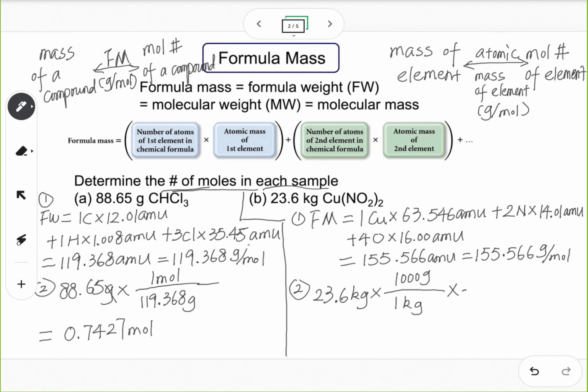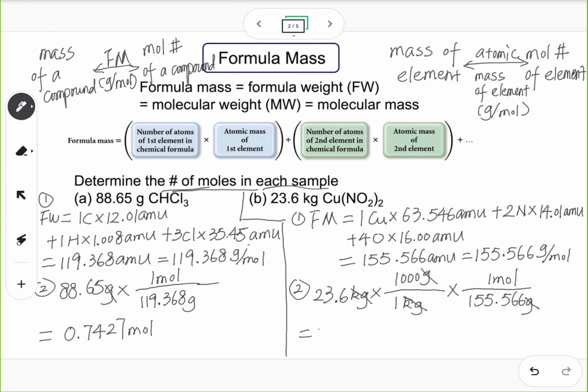Then we use the formula mass of copper nitride. Since we want to cancel gram, 155.566 gram, 1 mole on top. So you can cancel the kilogram and the gram, and the final unit would be mole.